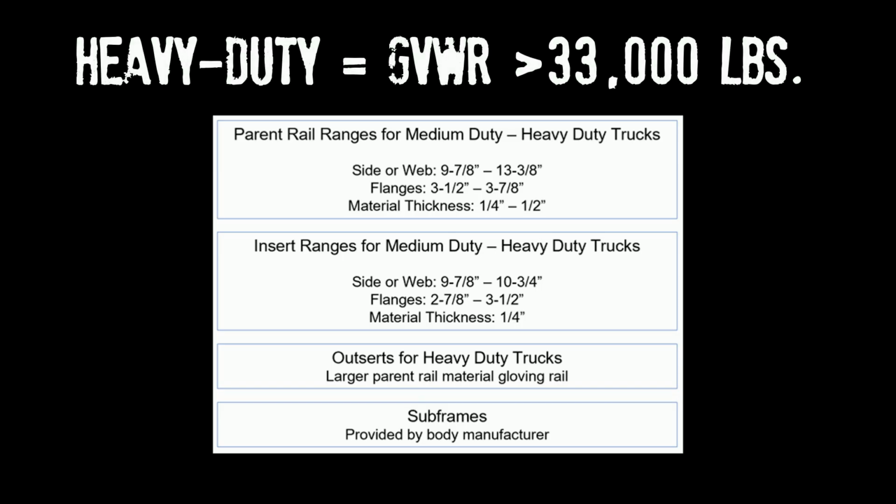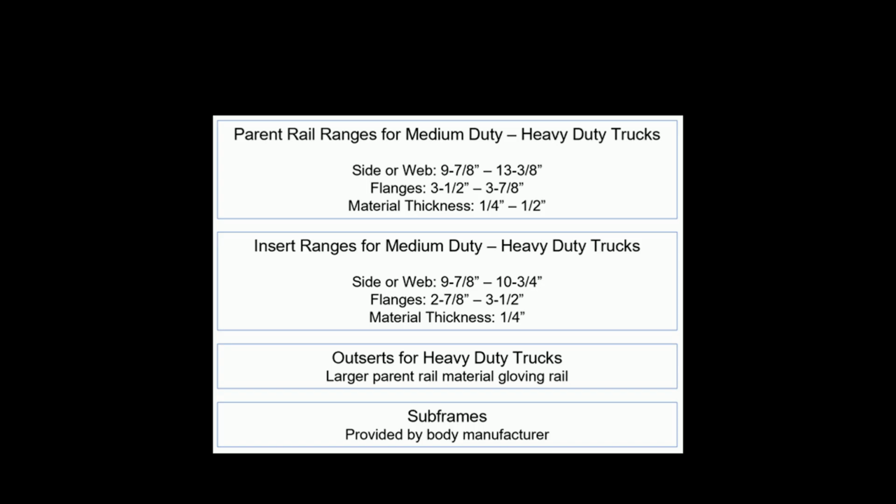Heavy-duty chassis use larger rails, such as 10 and 5/8, 10 and 3/4, 11 and 5/8, or 13 and 3/8 inches in height, with thicknesses up to 1/2 inch. Outserts must be one size larger than the parent rail, and not all manufacturers use them. For extremely heavy applications, a combination of outsert and insert may be used.